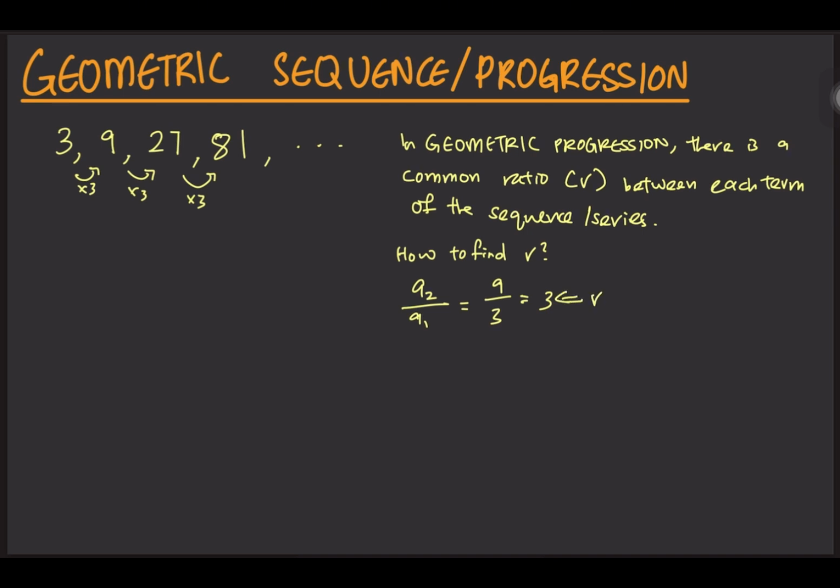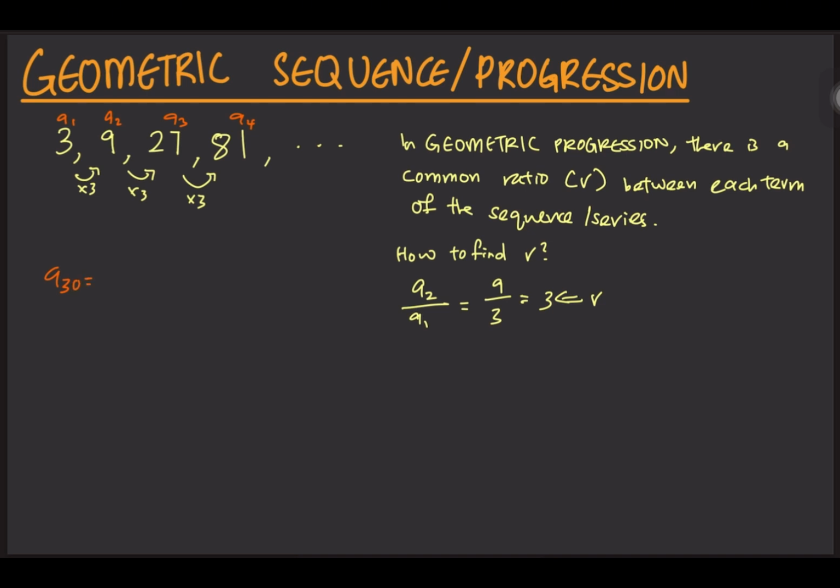Alright, now, let me use a different color. This is the first term, second term, third term, and fourth term. Let's say we want to find the 30th term. How do we find it?